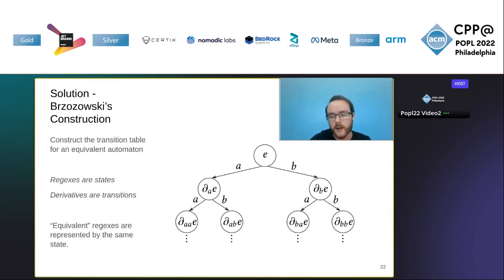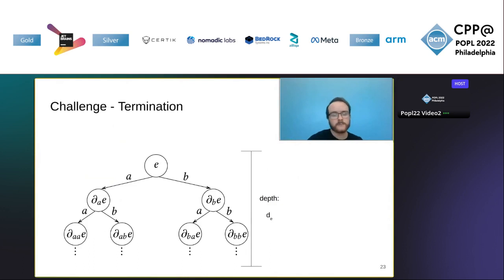So at the top, we have the regular expression E. If we want to take the transition on A, we're just going to point to the state labeled with the derivative of E with respect to A. And this automaton is right now depicted as a tree, but in general, it's just a graph because equivalent regular expressions are represented by the same state.